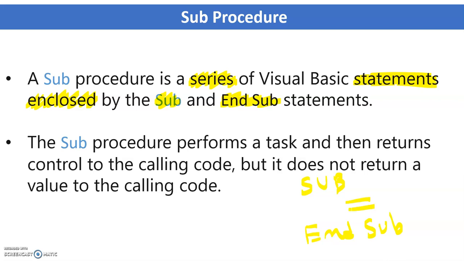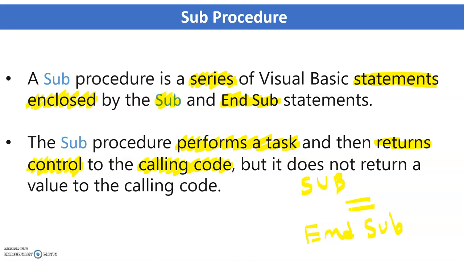Just like a function performs some specific task, a sub procedure also performs some specific task, and then it returns the control to the calling code. It is similar to the function as well. When the function is done with the execution, the control goes to the next statement.